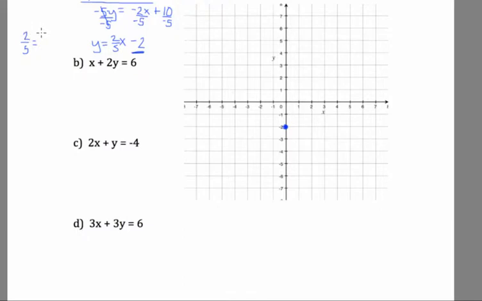Rise over run, so we're going to go up 2, right 5 will be our pattern. So from here we go up 2, right 5. About over there. Do the same pattern backwards. And draw a line.